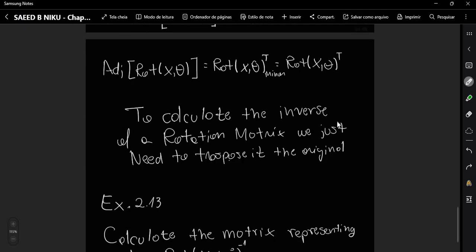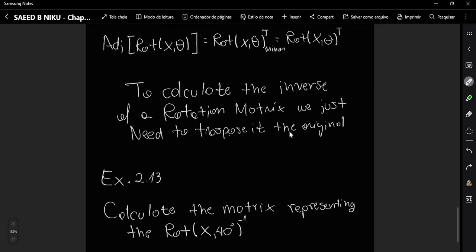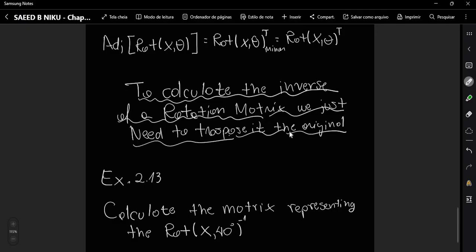And I also said that it's important to always take care with the notation. It's a good practice, and it's what I write right here. To calculate the inverse of a rotation matrix, we just need to transpose the original.